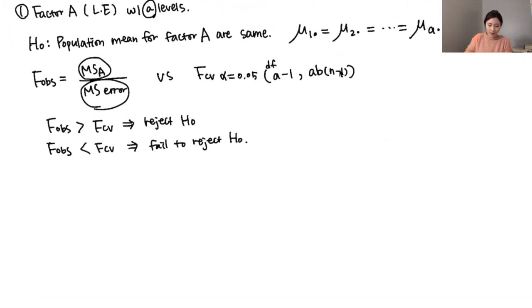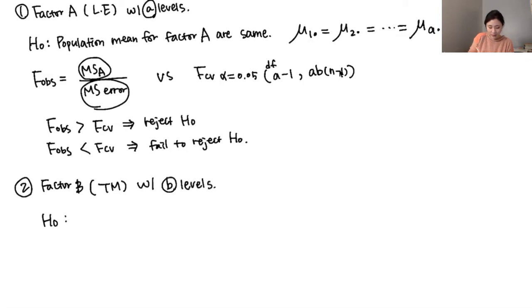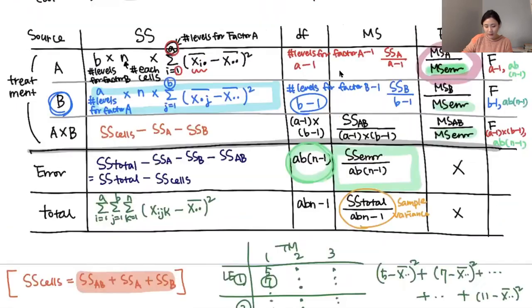For factor B, here is my teaching method, assuming that we have B levels. So my null hypothesis is that the population means, mu, for factor B are the same. So let's go to the table.